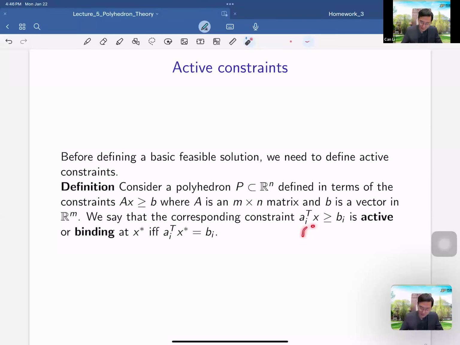We see this constraint is active, or in other words, binding, if a_i transpose x star equals b_i, right? This definition is very intuitive because this is an inequality constraint. We say it's active if the equality holds at a particular point x star. That is called an active constraint.